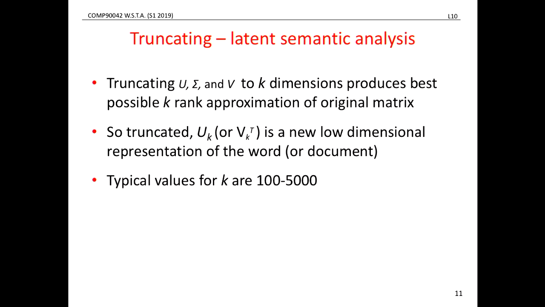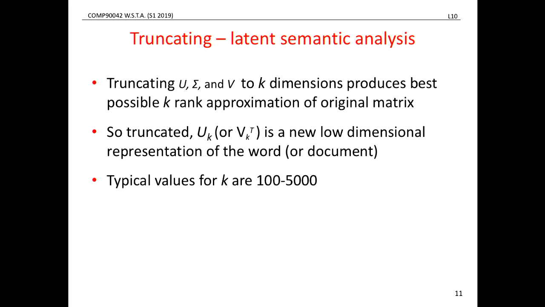Bearing in mind that every dimension is orthogonal, if we throw away the lowest valued ones, then we're throwing away the things which have the least importance in modeling the problem. So it's more of a mathematical motivation. I don't really have an intuition as to what they actually mean in terms of language concepts. So yeah, it's not the most satisfying answer, I guess.